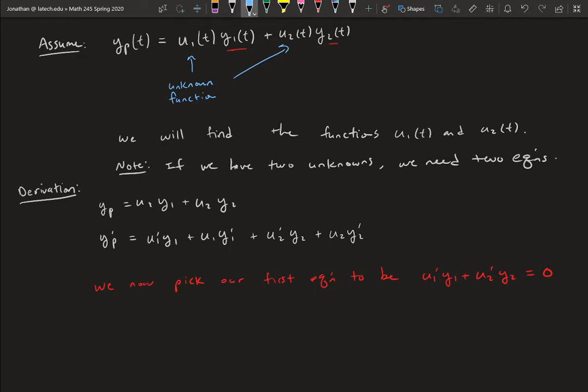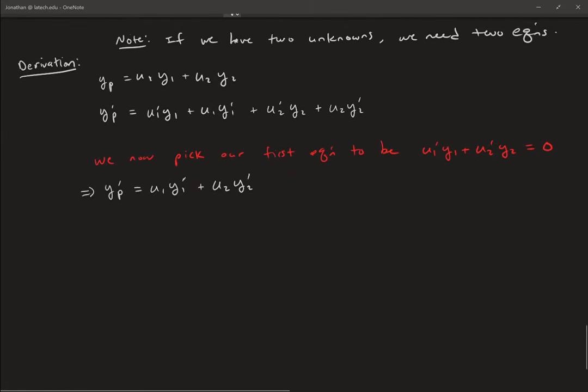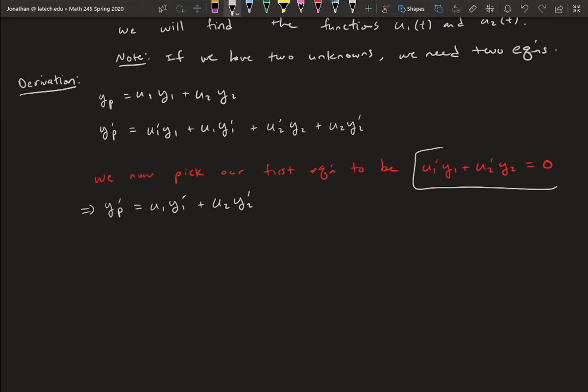That actually takes two terms out of yp prime. So yp prime now, after we impose that condition, is going to be u1 y1 prime plus u2 y2 prime. We'll call this first equation equation 1.